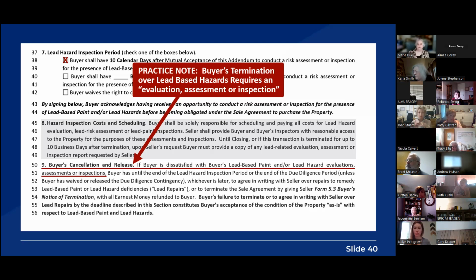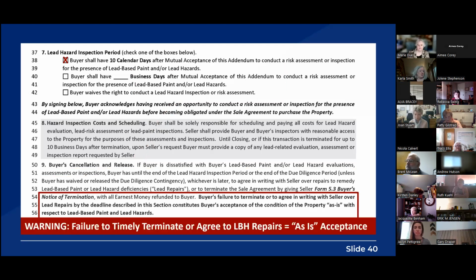An evaluation, assessment, or inspection must have been done to terminate this transaction, unless they have not been given the pamphlet. So that is a big thing that you need to remember. That is a little bit different in practice: you do have to have a test.